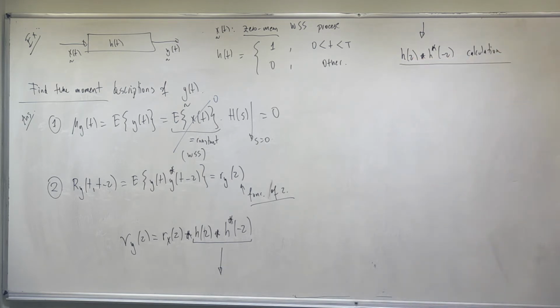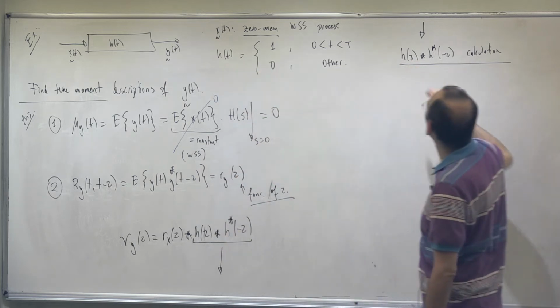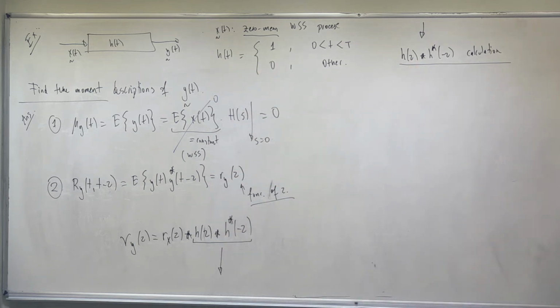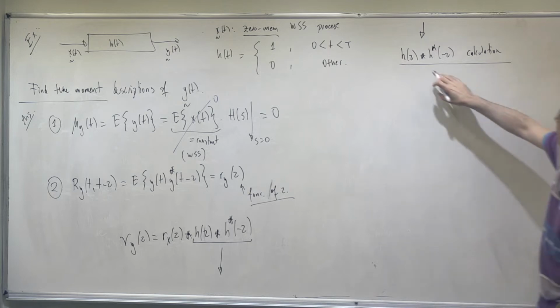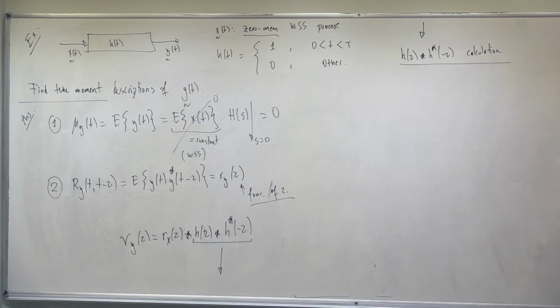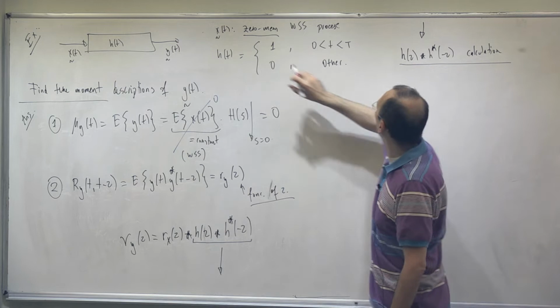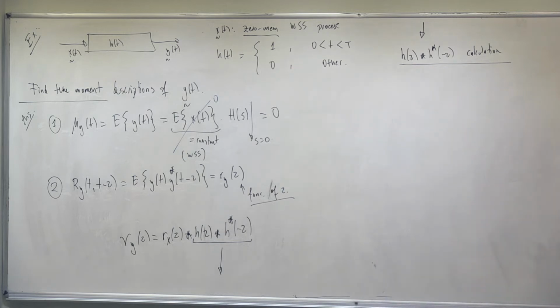Why am I singling out this part? Because h of t is given to me, and let's see what kind of calculation this is. This is convolution of h of tau, this function, with the flipped and conjugated version. But conjugation does not do anything over here because everything is real valued. I can even neglect this conjugation, that's fine for real valued signals.